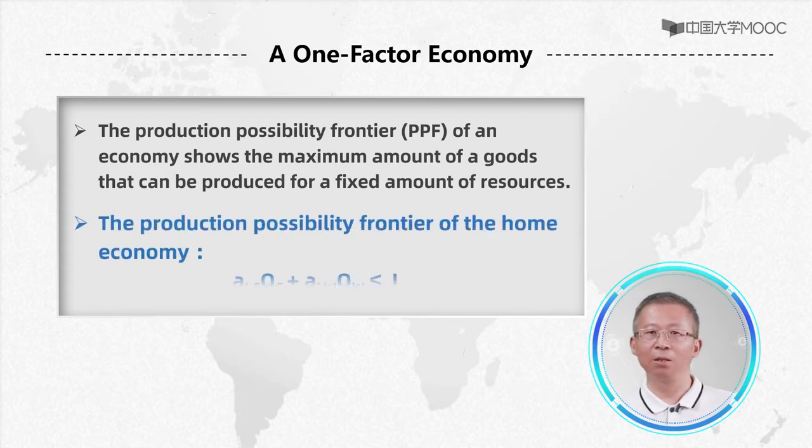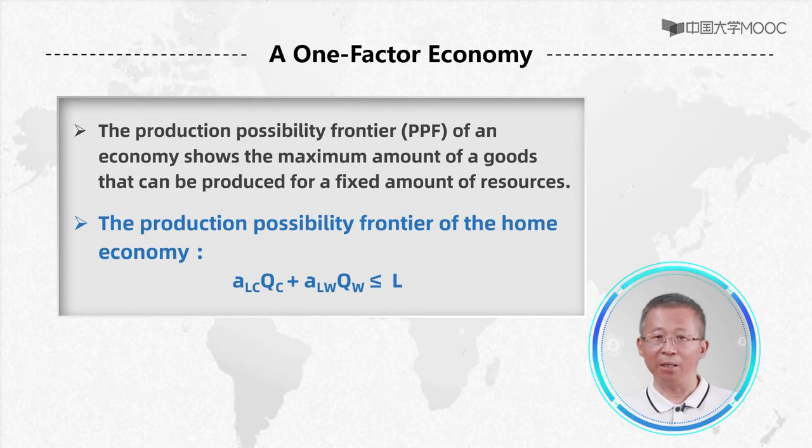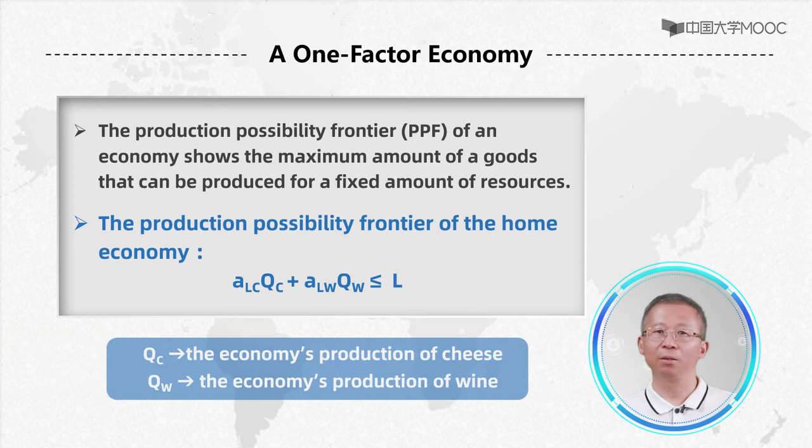The limits on production are defined by the inequality aLC QC + aLW QW is less than or equal to L, where QC and QW are the economy's production of cheese and wine, respectively.